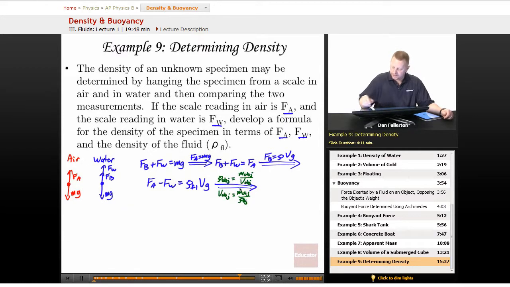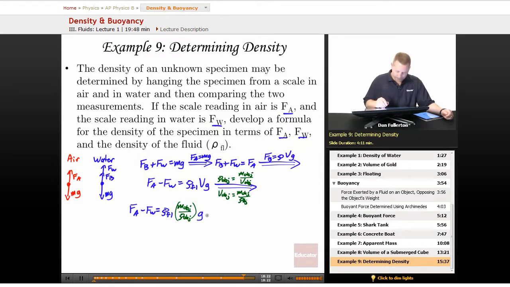I'm going to use that as I rewrite this equation to say that FA minus FW equals, we've got our density of our fluid, but I'm going to replace the volume displaced with my new formula for volume, mass of the object over density of the object, so mass of the object over density of the object times g.